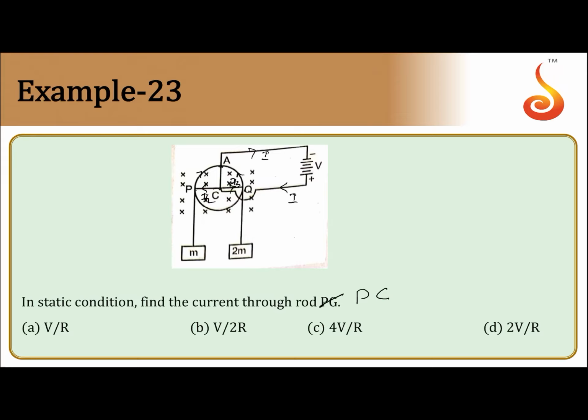The current will not go in the lower half of the ring, because that is connected, current has to flow like this only.